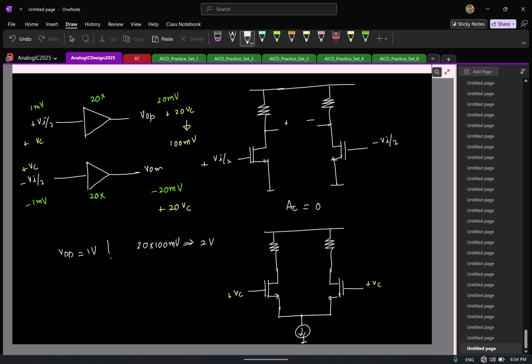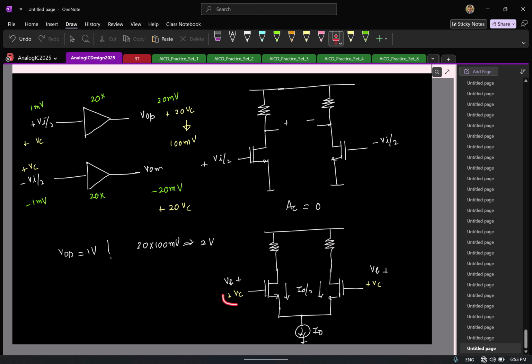Remember, I already have a bias voltage. Let's assume that is already there. Let us say this current is I0. When I didn't have this small signal Vc, what can you say about the currents in the transistors? Both are I0 by 2.